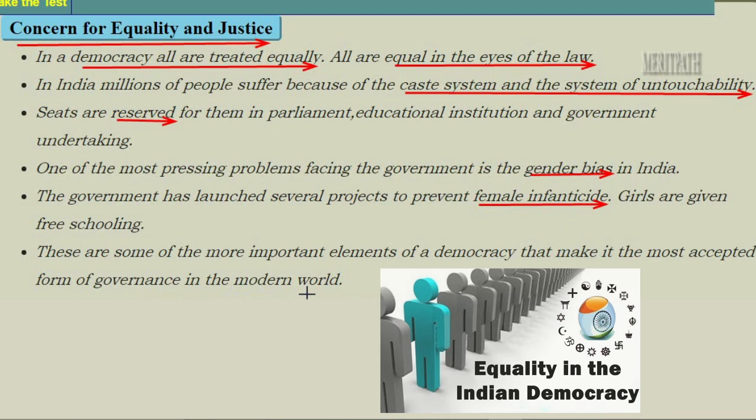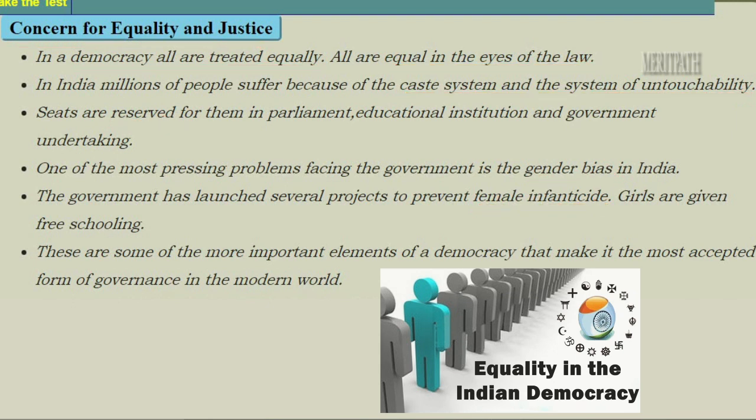In spite of having the caste system, gender bias and female infanticide, the government is trying to solve all these problems by launching several schemes, right? So these are a few of the important elements of democracy, and democracy is the widely accepted form of governance in the modern world.